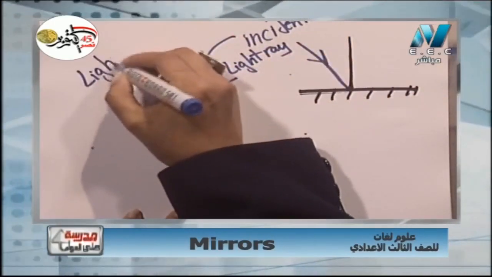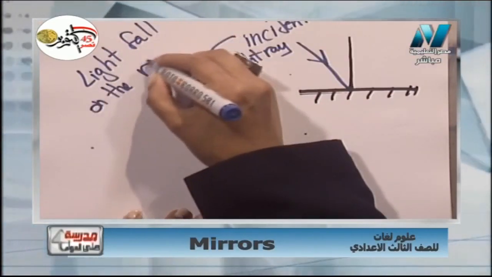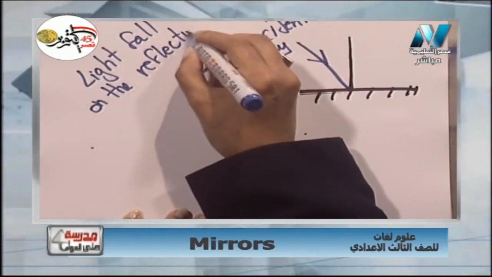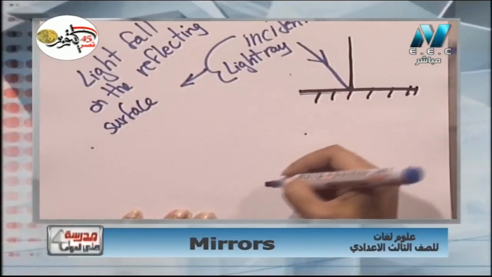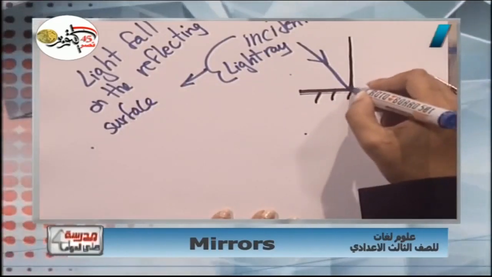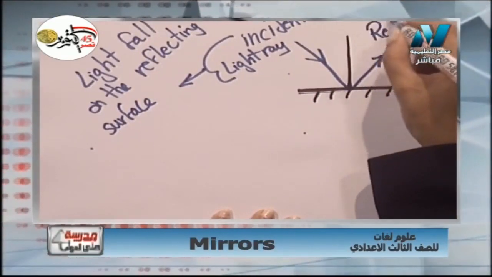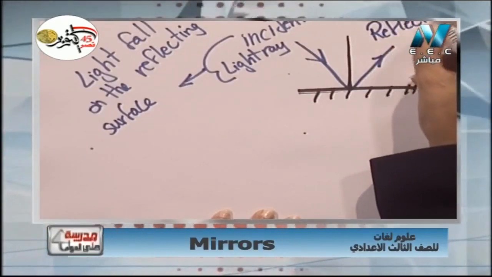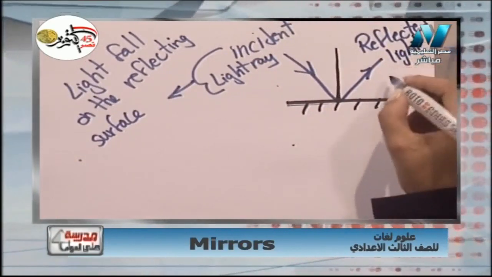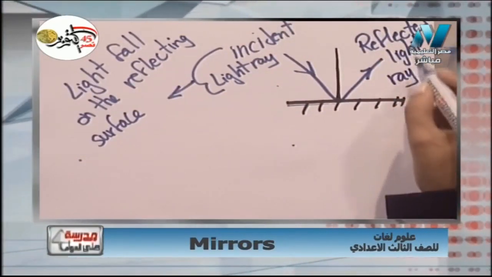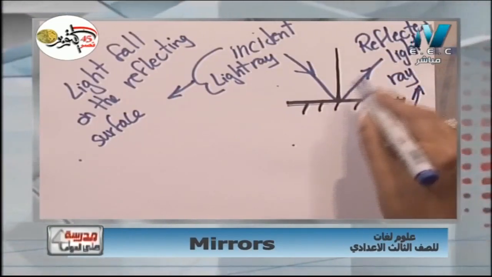Light that falls on the reflecting surface. So it hits the mirror and returns back. This light we call the reflected light ray. What's the reflected light ray? The light which reflects from the surface.